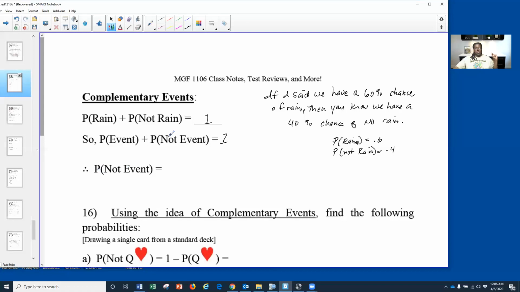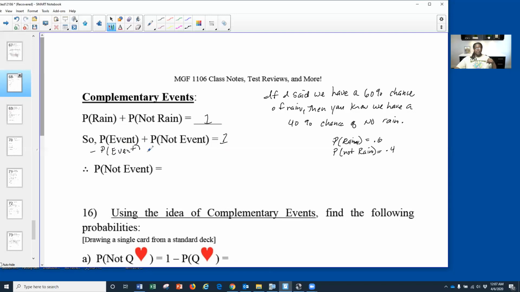Therefore, say we were missing this information and I wanted to solve for it, right? What's the probability of something not happening? Then what I'm going to simply do mathematically is solve this equation for the probability of not the event happening. What are we going to do? We're going to subtract the probability of the event happening.